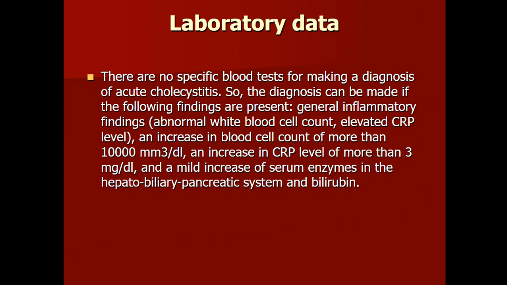The bilirubin level may rise to 4 in the absence of complications. When ultrasonography shows findings that suggest acute cholecystitis and CRP level exceeds 3, a diagnosis of acute cholecystitis can be made with 97% sensitivity and about 76% specificity.